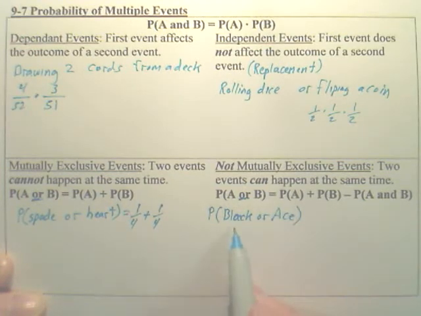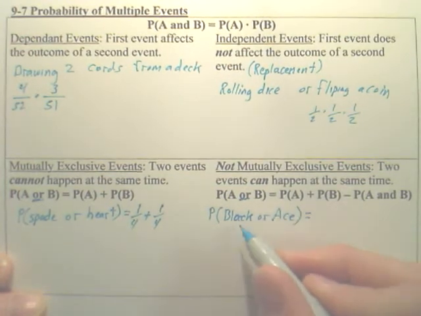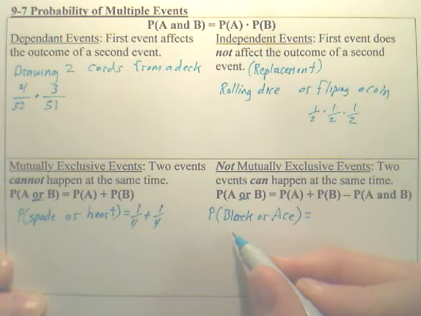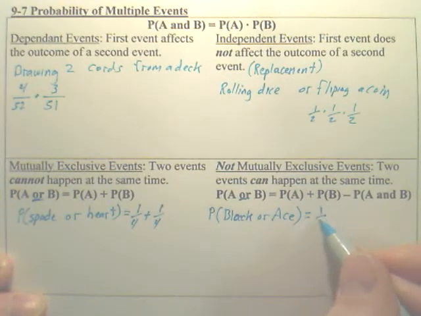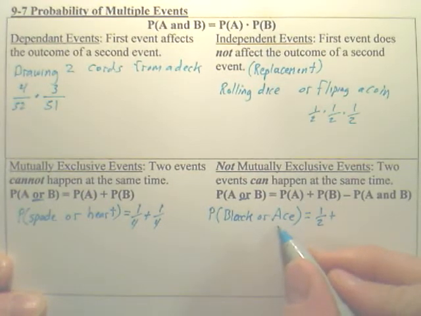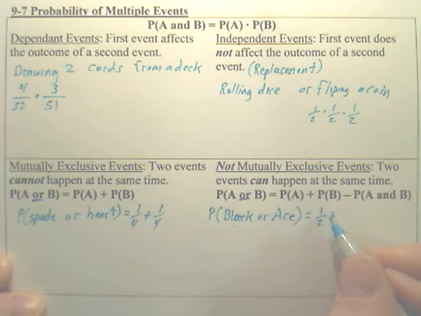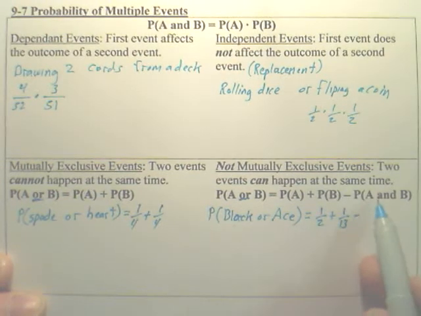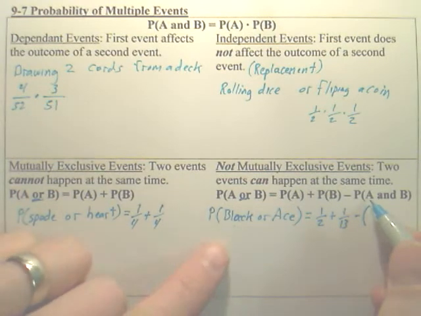For instance, what's the probability of black? Well, how many cards are black in a deck? Aren't half of them? So half the cards in a deck are black. Plus, what probability of the cards in a deck are aces? How many are aces? 1 out of 13. Minus the probability of black and aces. So that one's a little bit different. And, don't you multiply?